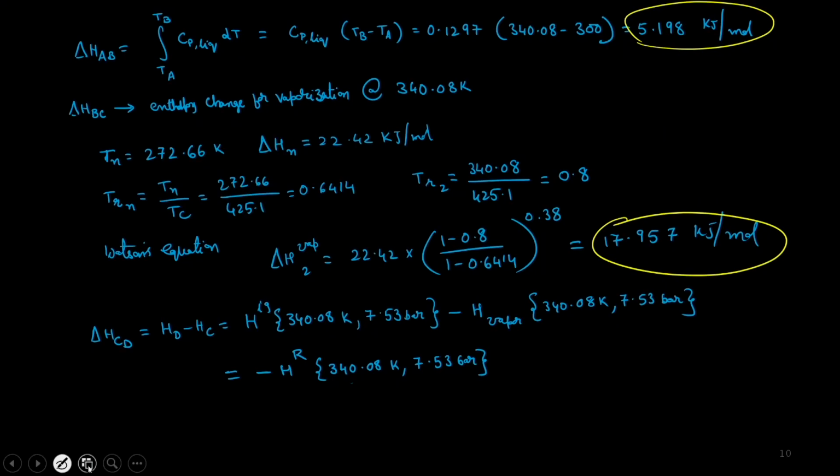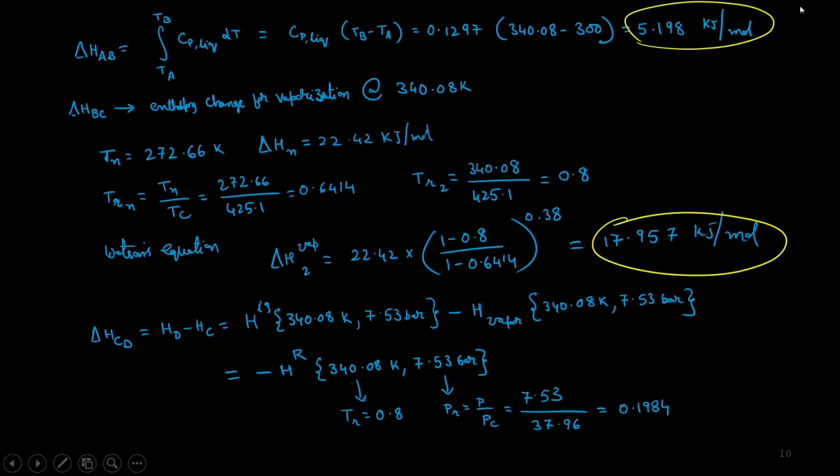So let me quickly run through what TR and PR values are going to be. At this condition, 340.08, TR, remember we said, is 0.8. PR is going to be P over PC, so that's 7.53 over PC. PC is 37.96 bar for n-butane, which turns out to be 0.1984.